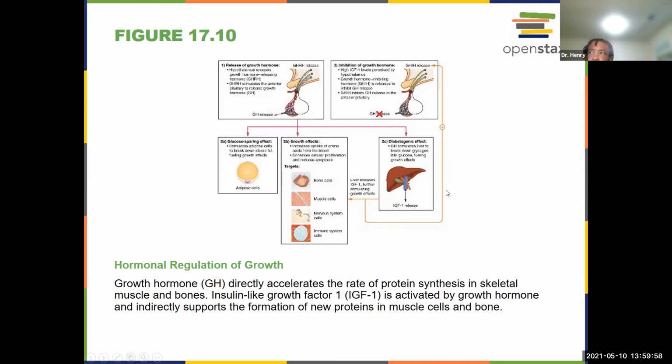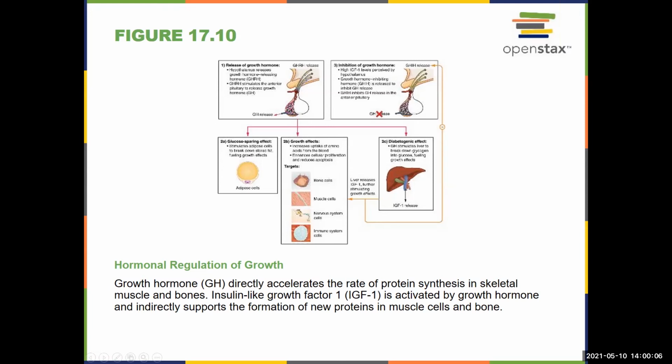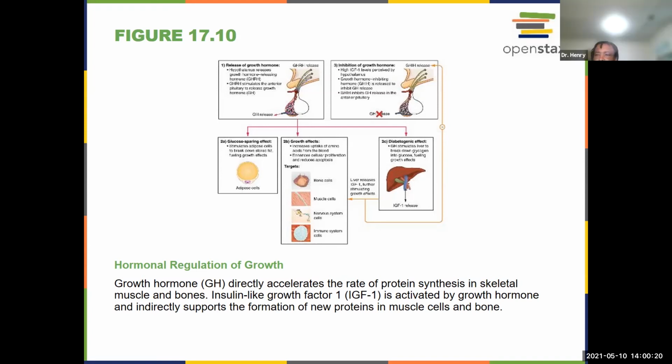And so you get that negative feedback loop that regulates this. When this gets too much, it shuts it off. It just keeps going until it says, oh, okay, we need to stop. So we make sure blood glucose doesn't go too high.